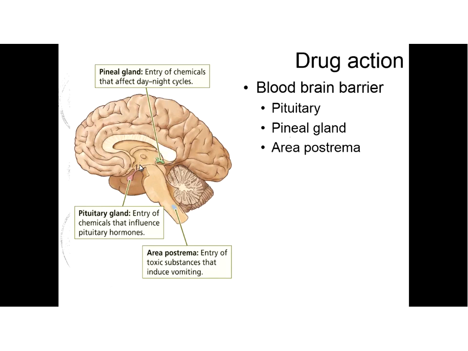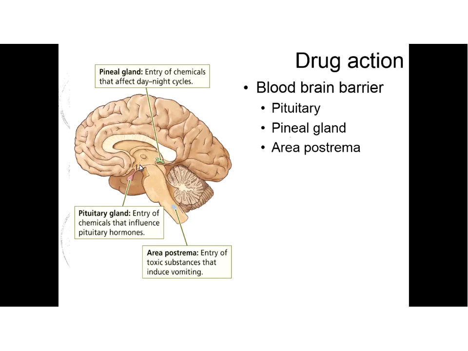So we can see that part of that activation of the different kinds of regulatory behaviors depend on the pituitary, and it needs to have access to the circulatory system to release certain types of hormones into the system. So that makes sense that we don't want a strong blood-brain barrier there. The pineal gland is responsive to the effects of certain chemicals that change across the course of the day.